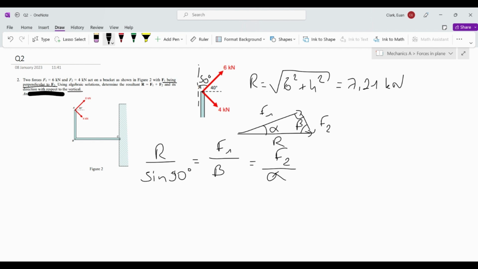So same again, we want the angle with the vertical, so we're looking for alpha. If we were looking for the horizontal, then we would go ahead and look for beta.